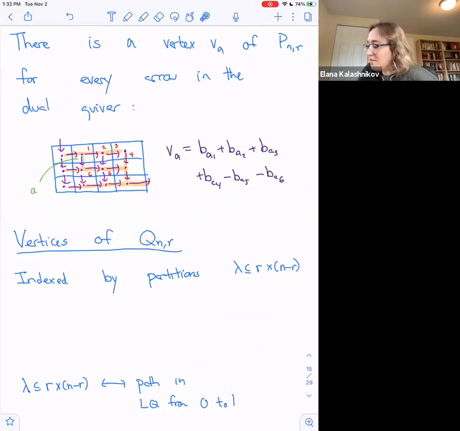So I'm going to look at partitions lambda which fit inside an r by n minus r dimensional box, meaning that if you take the partition (2,1), it sits inside a 2 by 2 box. It would also fit inside a 2 by 3 box, but it does not fit inside a 2 by 1 box. That's just what I mean by fitting inside a rectangle.